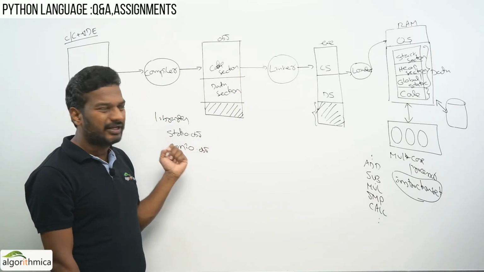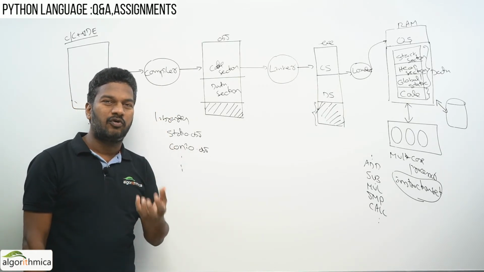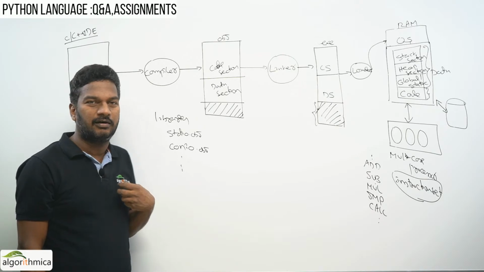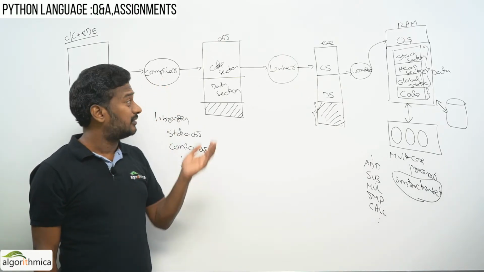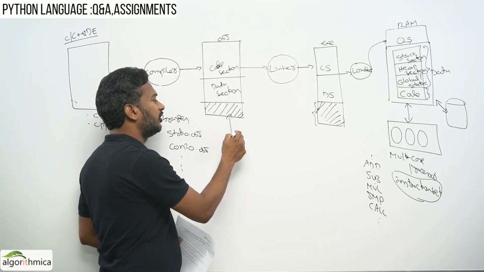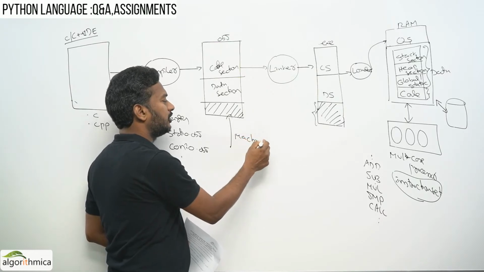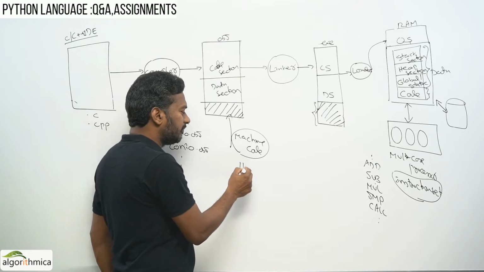Now, the biggest pain here is that if you want to install a C compiler, what should I ask for? A C compiler for my hardware, because this is definitely machine code. The object file has completely machine code. That means it is dependent on hardware, no doubt.